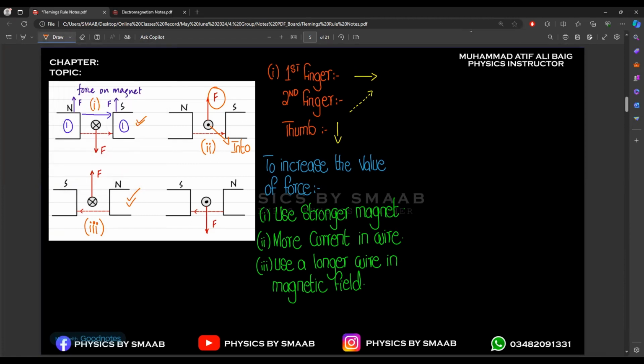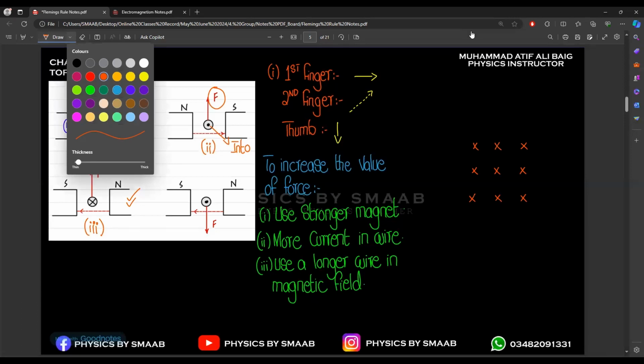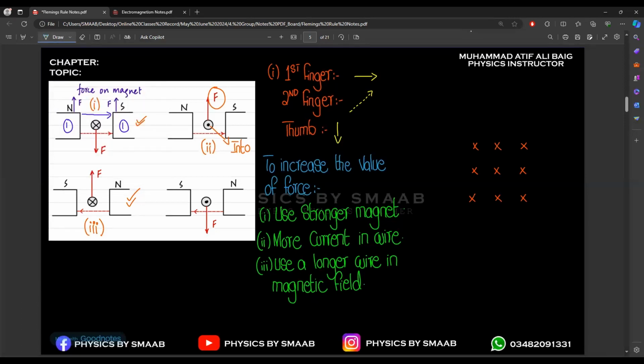Let's suppose we have a magnetic field into the paper. So this is the magnetic field into the paper. And let's suppose we use a proton, neutron, and electron.